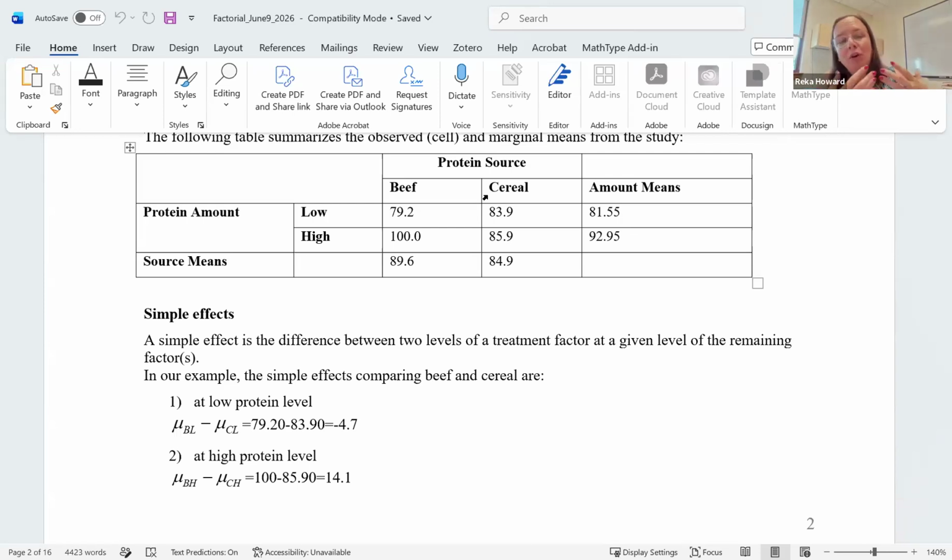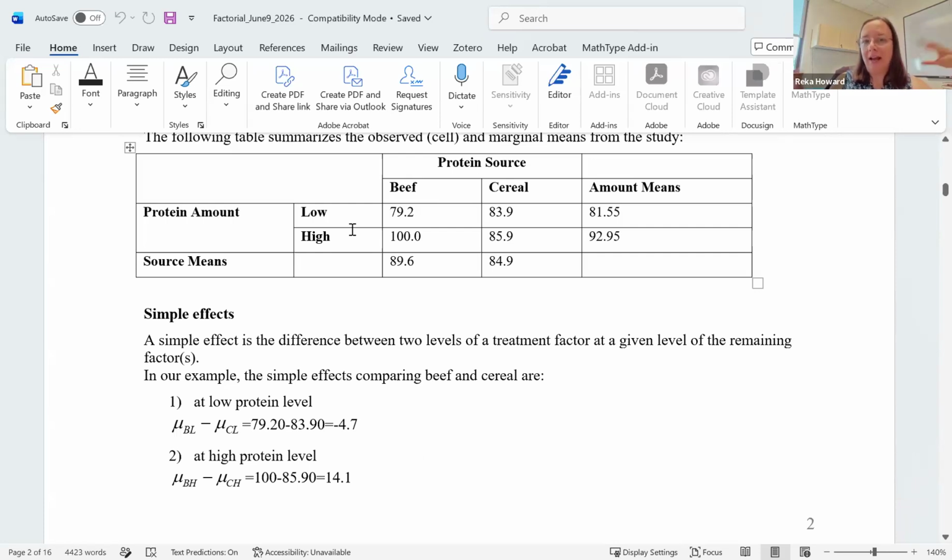So even if you don't remember these terms, simple effect, main effect, just remember: can I average the other factor levels or not? It depends on whether I have interaction. And the interaction will be just looking at the difference between the simple effects. So what does it mean? Again, don't worry about formulas, but just remember that interaction really means whether this difference between, let's say, beef and cereal is acting the same way at the low level as at the high level, or differently.